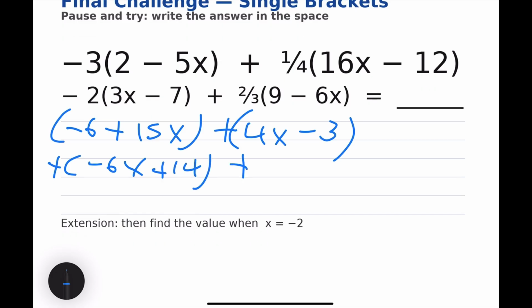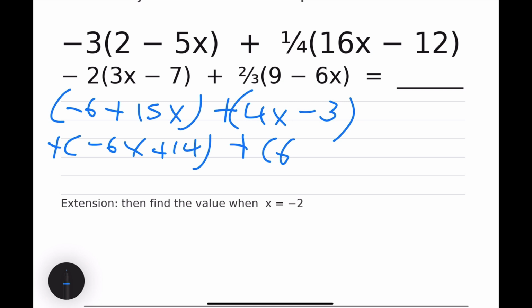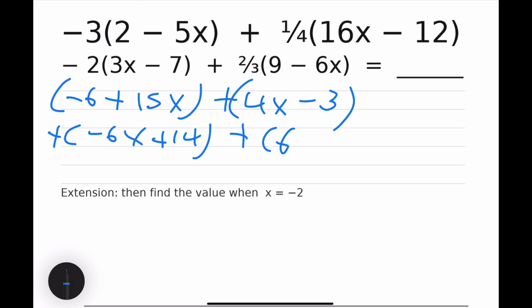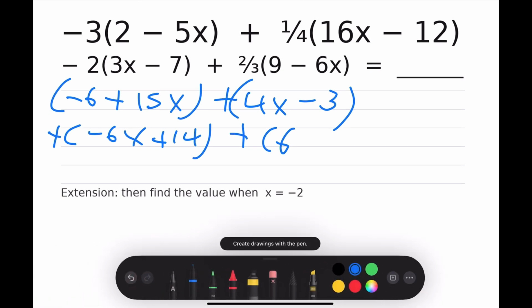So now let's do the last bracket. We have 2 over 3 multiplied by 9 minus 6x. So what we can do is 9 multiplied by 2, which is 18, divided by 3 to get 6. So I have done that without having to write any working out, but sometimes you can make silly mistakes by doing that, so I would recommend always writing it out.